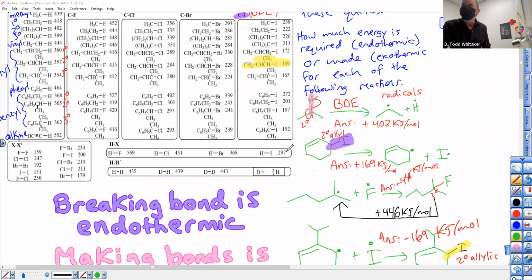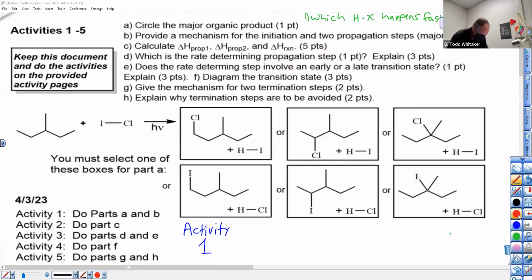Because you're making it. It's a product. HI was one of the potential products. It is being made. That is exothermic. You put a minus sign in front of this number for making HI. Negative 297 for all the HIs. I'm not going to write it for all of them. All 3 of them are the same.